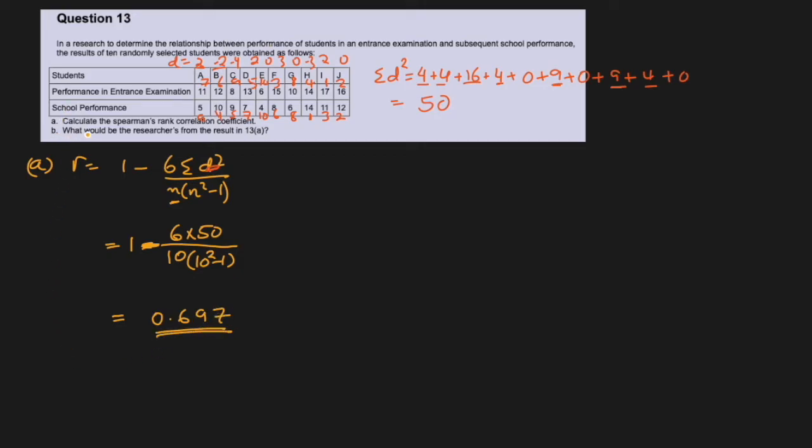That's A part. B. What would be the researchers' conclusion from the result in 13A?